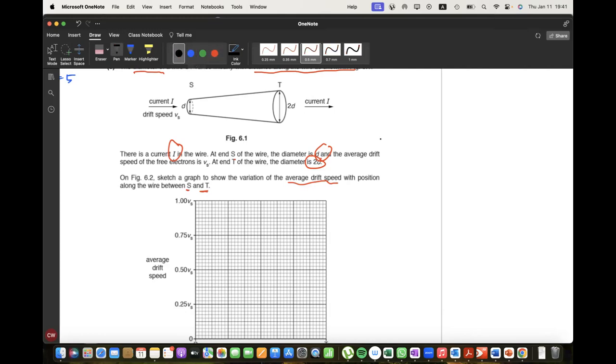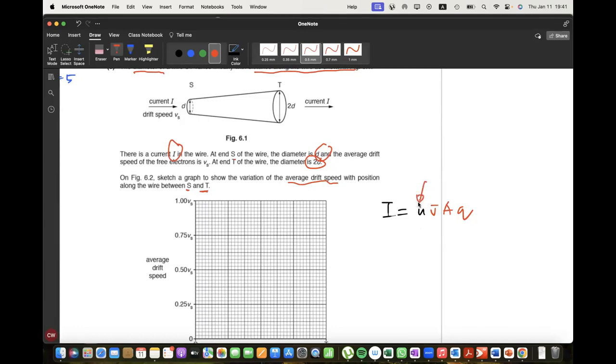Do you remember the formula for drift velocity? Current, what is the formula for current? Do you remember from last week? We got NBAQ. Should be NBAQ. So N stands for the number of charge carriers per unit volume.